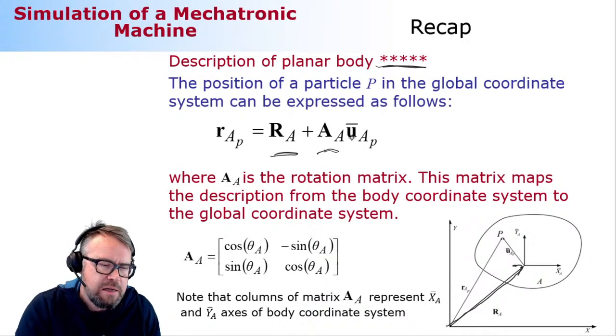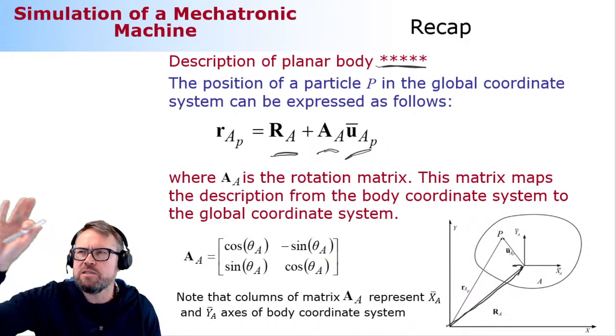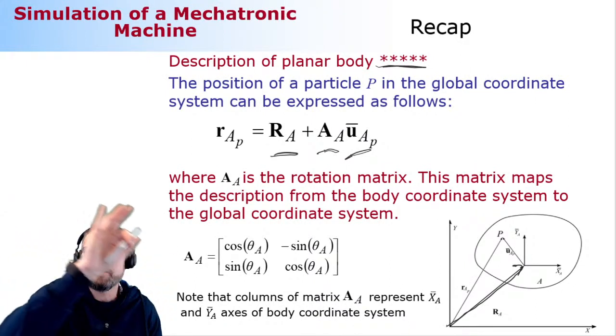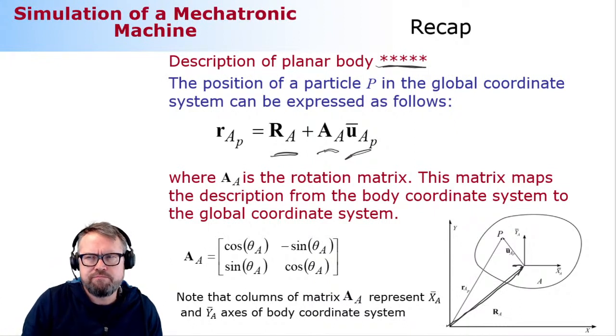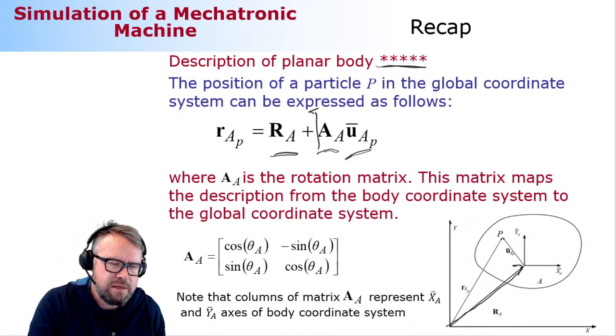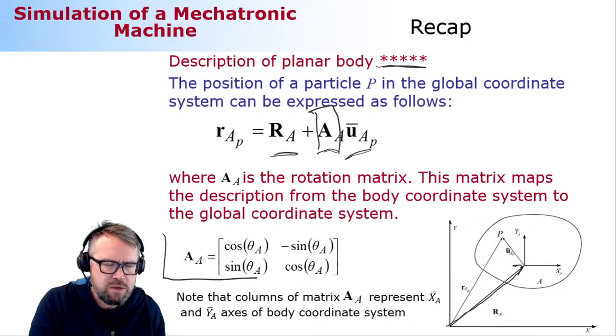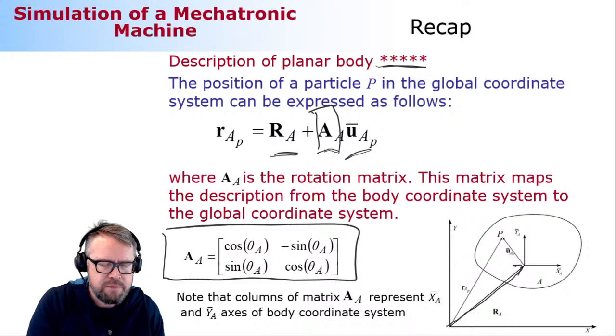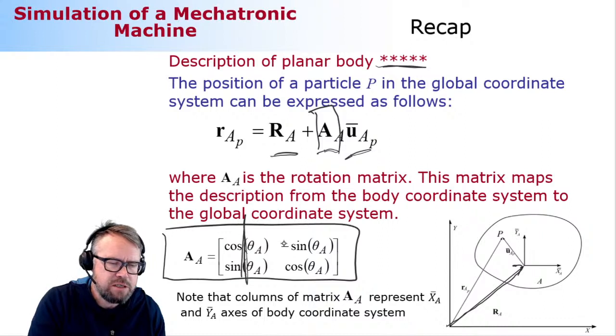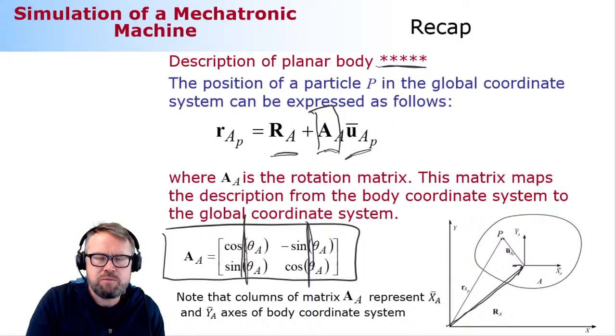And then we have this vector u bar, which is a vector that scans every single particle within the boundaries of the body. This mapping concept is a 2 by 2 matrix, like this one here. It is an orthogonal matrix, meaning that if you form a vector from this column and this column, these 2 vectors are perpendicular to each other.